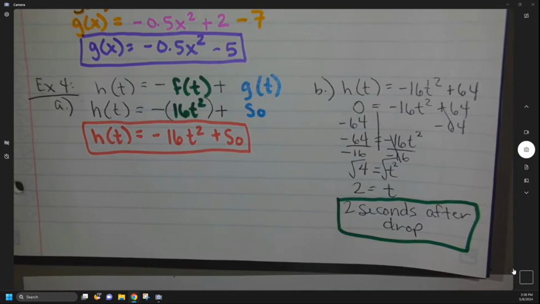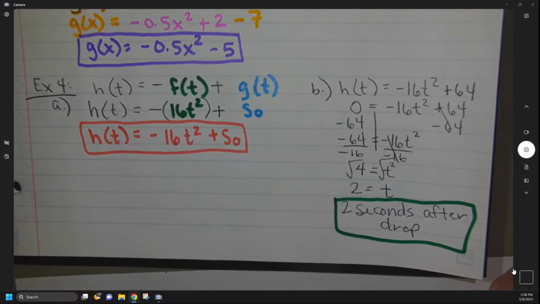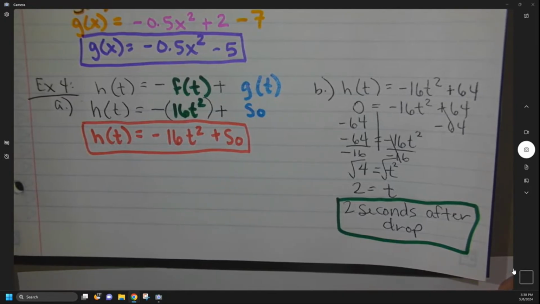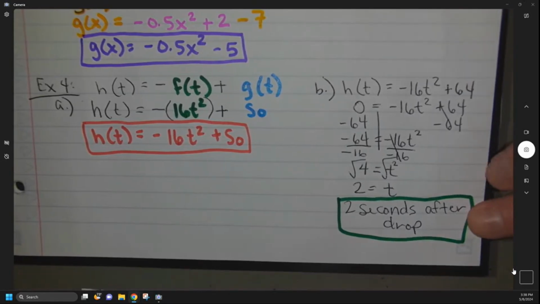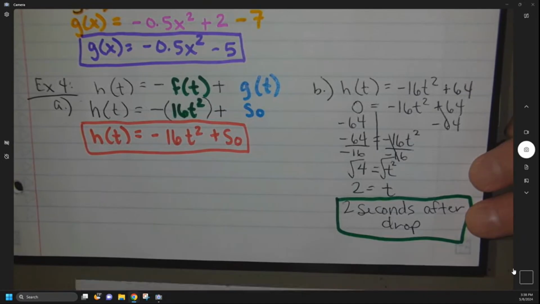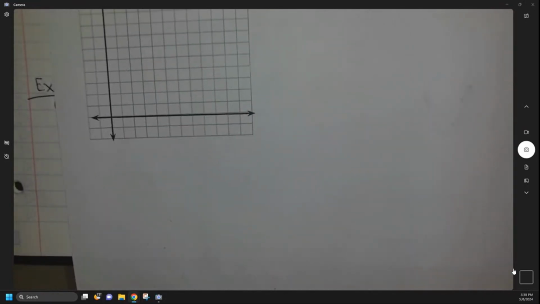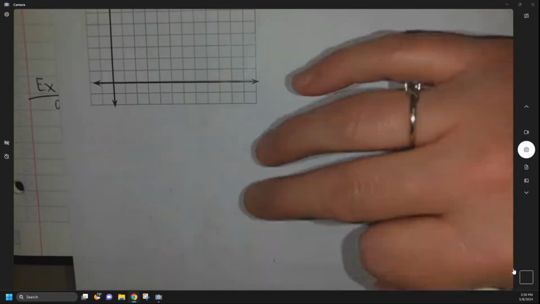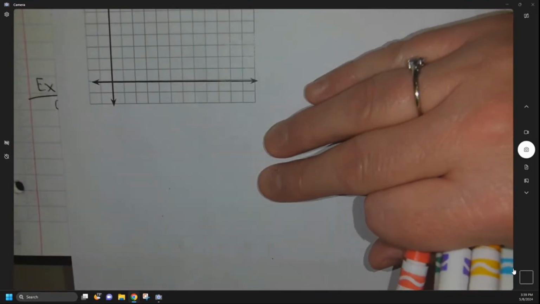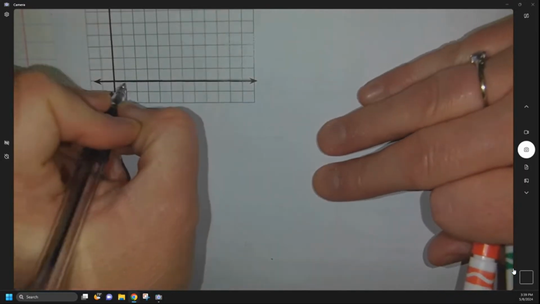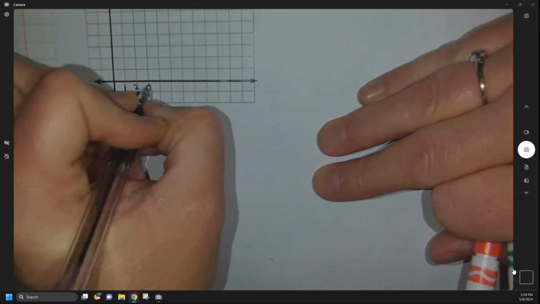And then part C says, suppose the initial height changes by k feet. How will this affect part B? So if I'm looking at my seconds and thinking about my graph, let's just jot a couple points on here. So if we're at 2, let's do our numbers here: 1, 2, 3, 4.